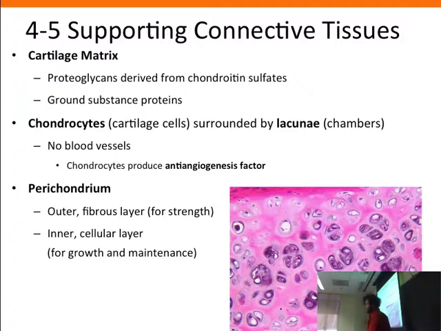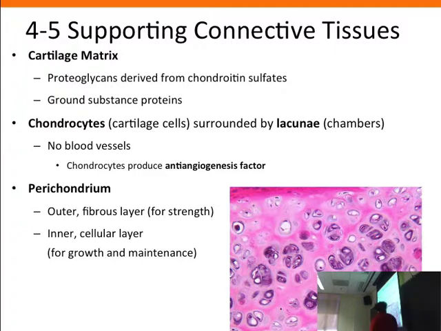The lacuna are the little chambers, the holes that make the cartilage compressible. All right, so it looks a little bit like a sponge. It's got all these holes in it. It's more easily compressible. This matrix is also compressible. It's not been calcified. It doesn't have a hydroxyapatite ceramic in it that bone has, giving it its rigidity.